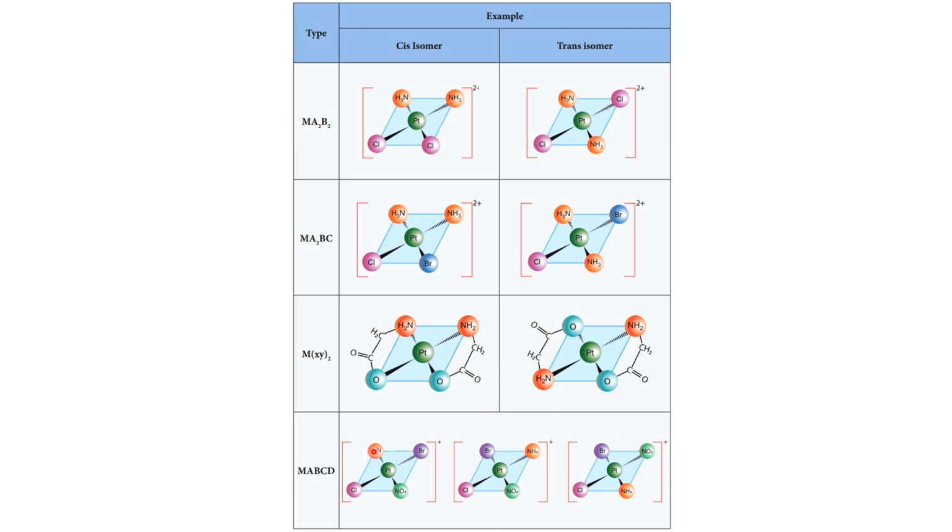In this case, one donor site will be kept constant, and with that we'll keep the other ligands in cis or trans positions, and then we get three kinds of isomers possible. These are also called geometrical isomers of each other, but here there are three kinds of possibilities.